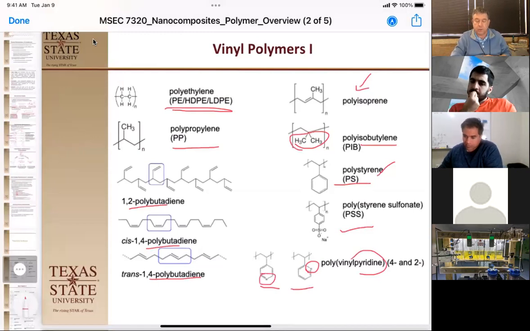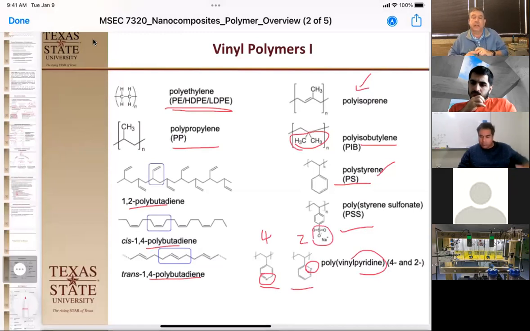So this is the 4 and this is the 2 in here. When you put those in the presence of an acid like HCl or something like that, they become charged and they also become water soluble. So those can actually act as one of those basic dispersing agents, where this is a slightly acidic dispersing agent.